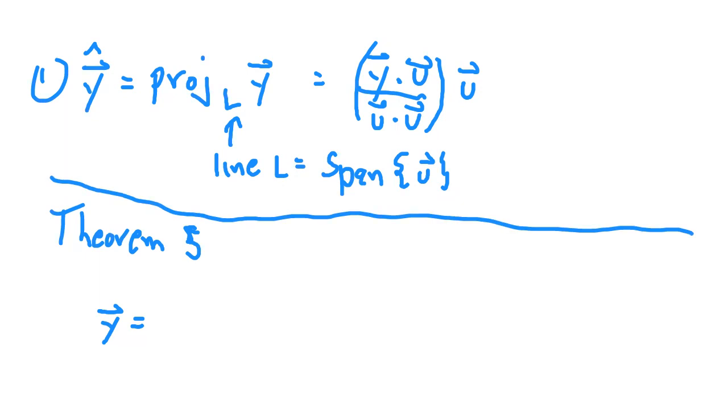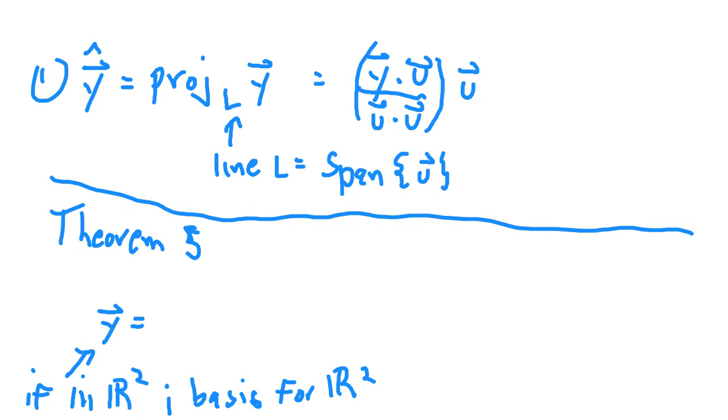Take a vector y, and let's suppose that y is in R squared, and the basis for R squared consists of orthogonal vectors u1, u2. So we're assuming we have an orthogonal basis.